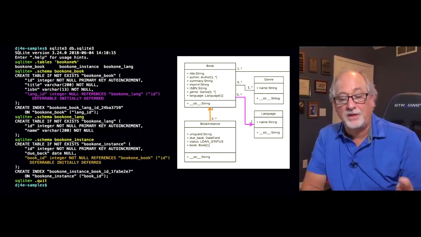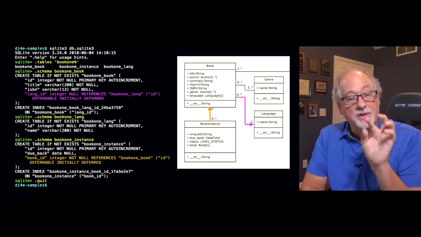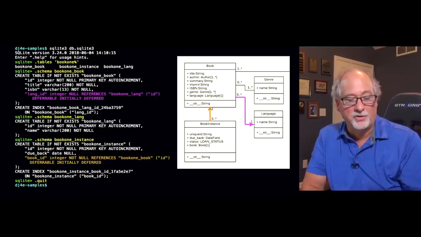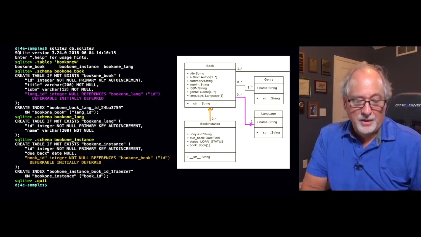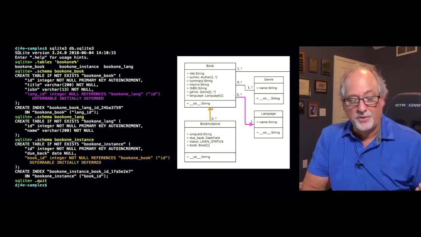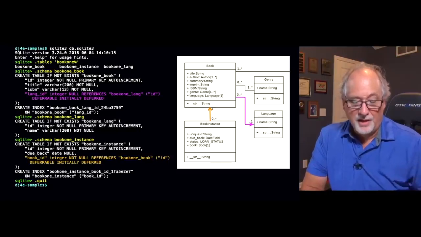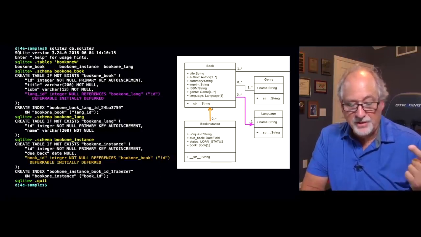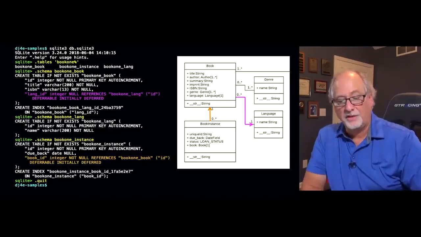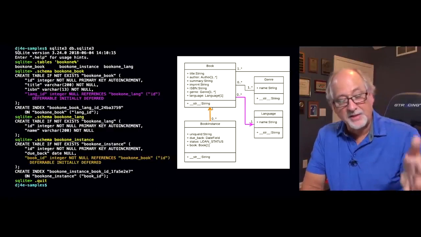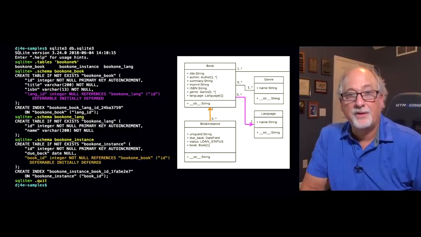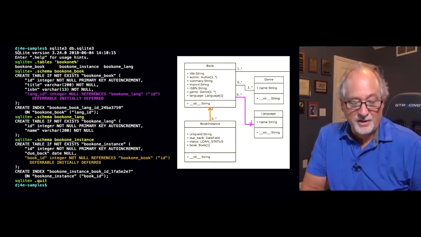That's something the migrate operation understands how to build. If you look at the language, you just see an ID column that's automatically produced, and then a name. In the instance, you see an ID and a due back date. Then you see the book ID, which is the foreign key into the book table. So you can see how these tables implement the links as described in the picture.